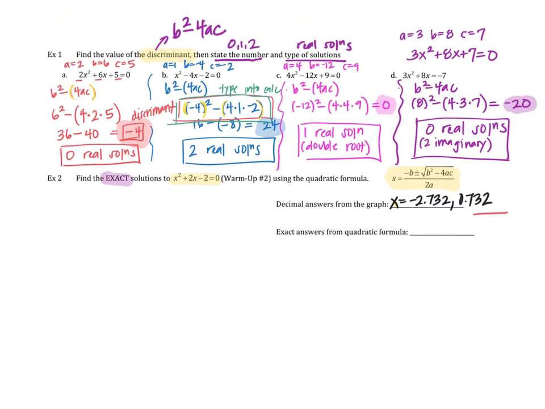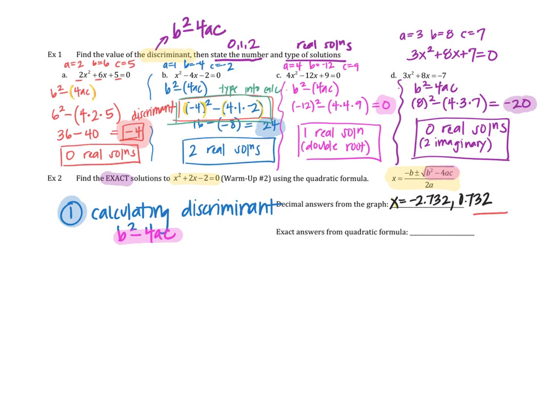So the first thing we're going to do is always start by calculating our discriminant. We're always going to start underneath the radical, and we're going to calculate whatever b squared minus 4ac equals.